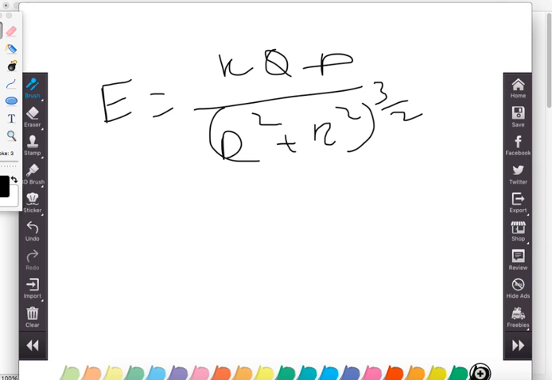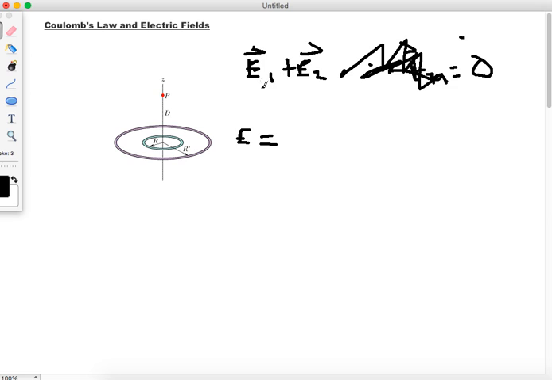Anyway, if you want this to be 0, then E1 has to equal negative E2.